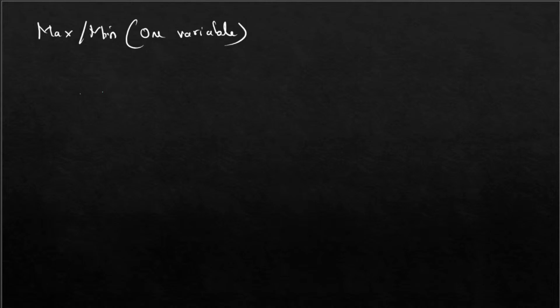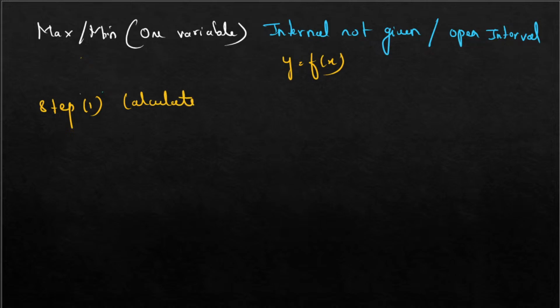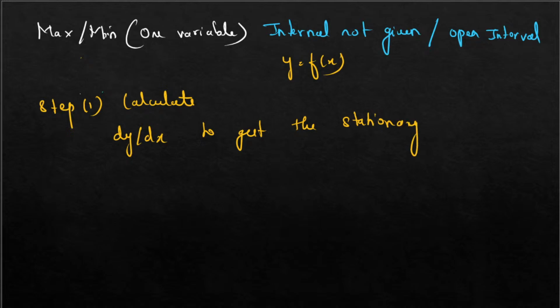When the interval is not given or is an open interval, with y equals f of x, step 1 is to calculate dy by dx to get the stationary point.